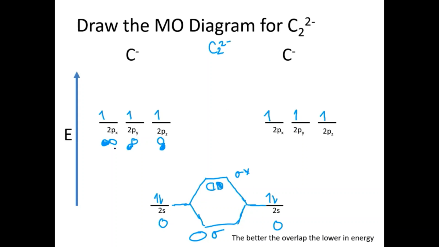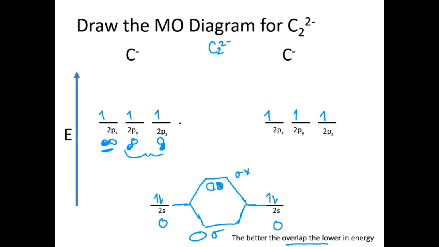Now for this part, we've got two different types of bonds, right? We've got the sigma bond and we've got the pi bonds, right? And so these two have different overlaps, and the better the overlap is, the lower the energy is going to be. Okay, so in carbon, when I draw this overlap, the pi bonds overlap better than the sigma bonds.